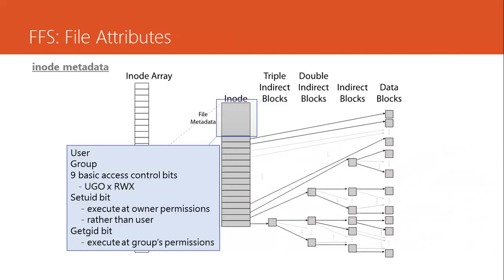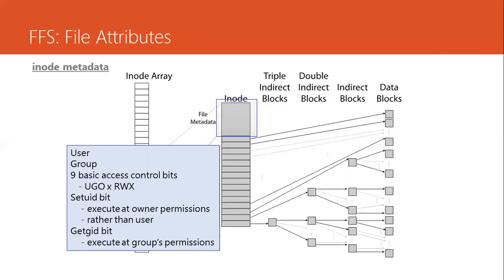It records which user owns the file, which group the file is part of, and the nine access rights given to the user, group and owner, such as read, write, and execute. The set user ID and the set group ID are Unix access rights flags that allow users to run an executable in a very controlled way.